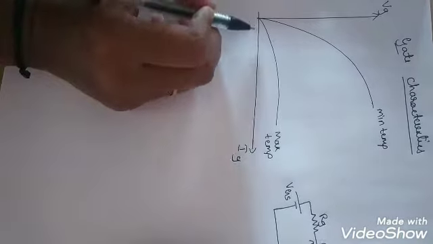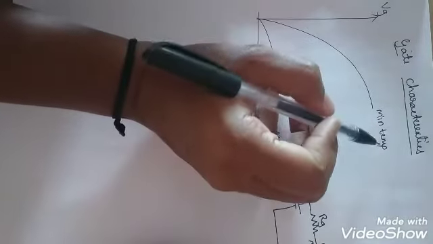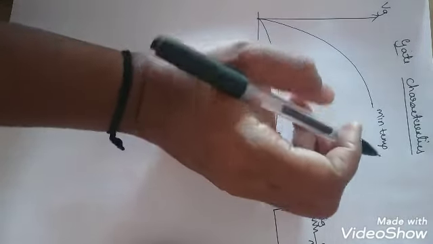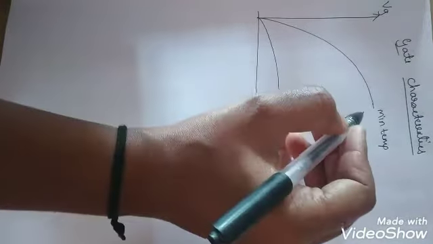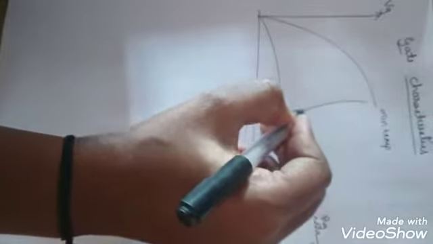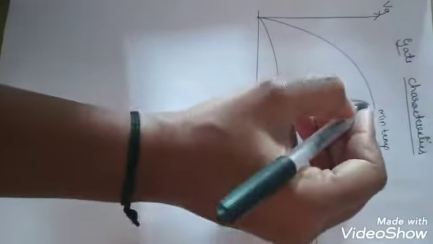If we know the value of maximum current at minimum voltage as well as maximum voltage at minimum temperature, then we can calculate the maximum power dissipation in SCR. That is, this curve.